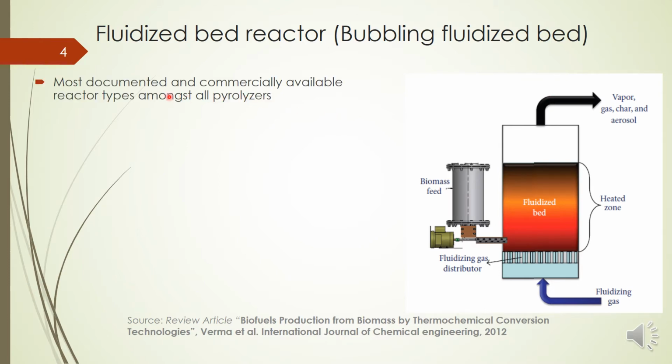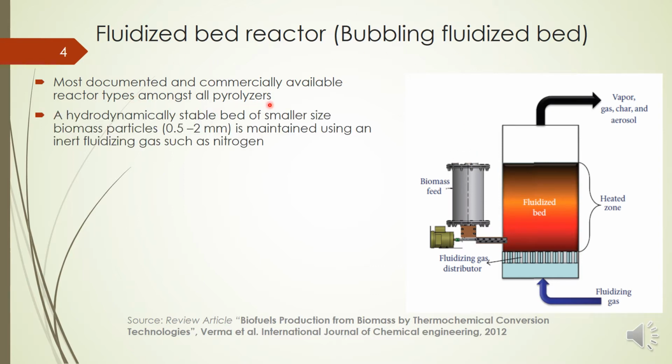This is the most documented and commercially available reactor among all the pyrolysis reactors. If you compare all the six or seven pyrolysis reactors, the one best suited for large scale pyrolysis and commercialization is the bubbling fluidized bed reactor. Here we create a hydrodynamically stable bed of smaller size biomass particles with the help of an inert fluidizing gas.